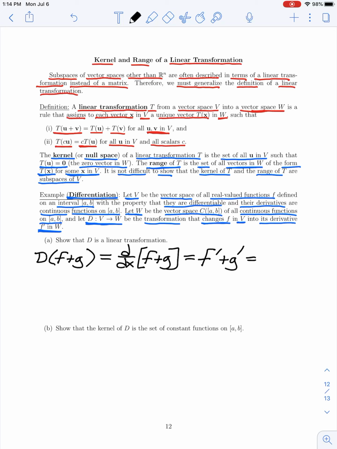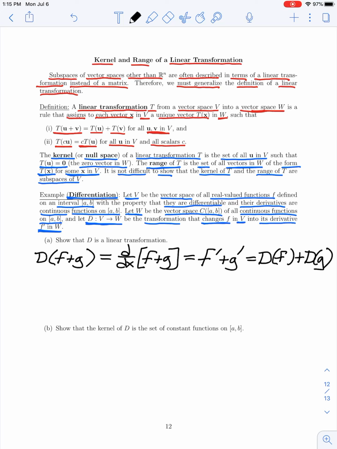But the sum of the derivatives would be the sum of the images of the functions f and g under this transformation D, which is defined as differentiation. So here we have shown that the derivative of a sum, as we already knew from Calculus 1, is the sum of the derivatives.